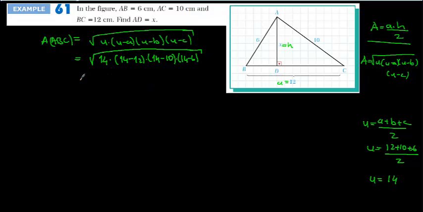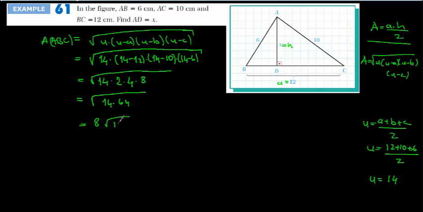Okay, then it's going to be equal to root of 14 times 2 times 4 times 8. So here it's going to be equal to root of 14 times 64, and you can take 64 out as 8, so 8 root 14 is the area of the ABC.